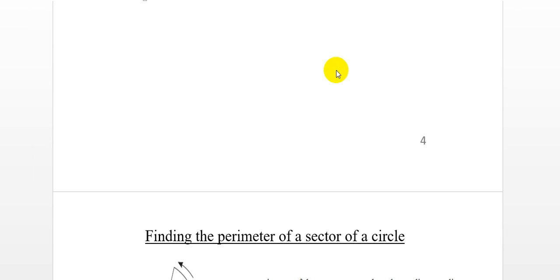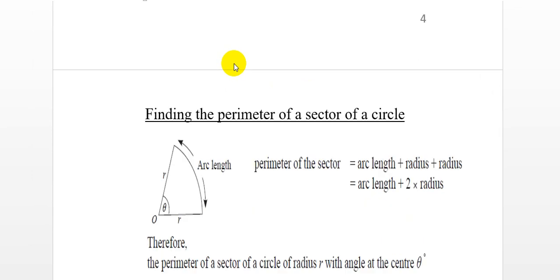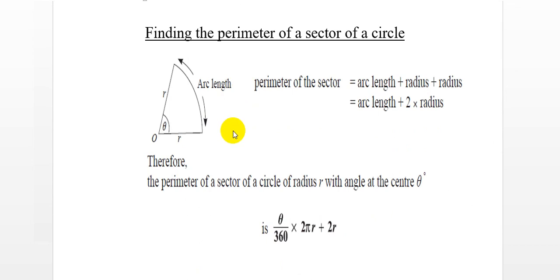So now let's discuss the next section of this chapter, which is finding the perimeter of a sector of a circle. So perimeter refers, as you are aware, in a given closed plane figure, to the summation of all the sides.